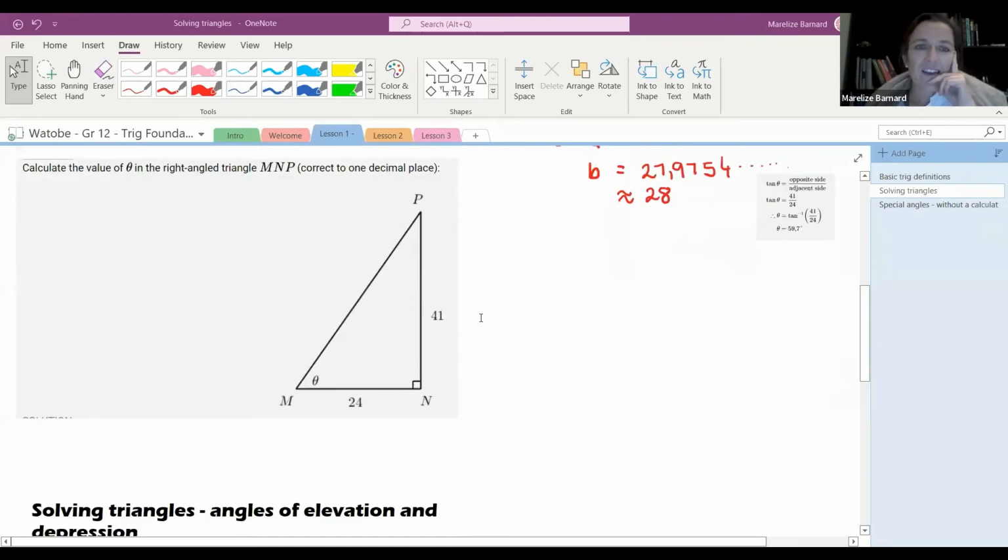Okay, right. Here we have to find the angle. Okay, give this one a go. We're going to do 2 minutes and then we're going to look at it. Finding theta.